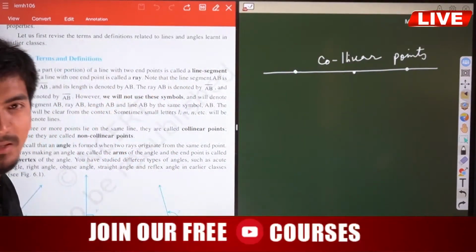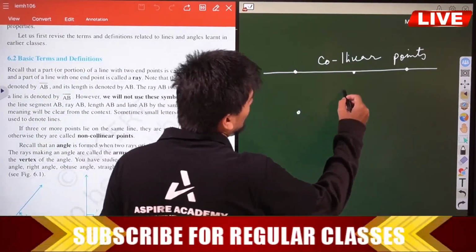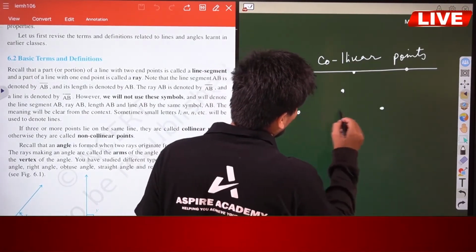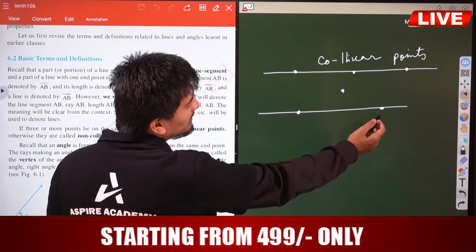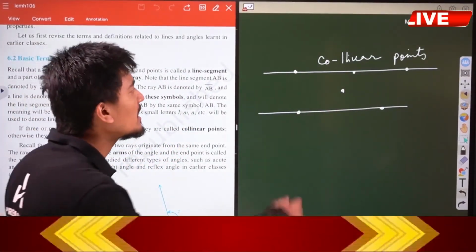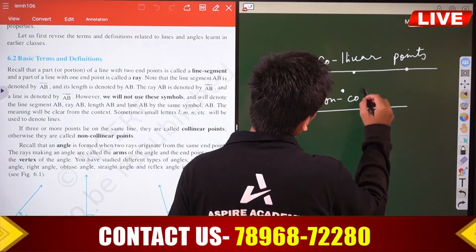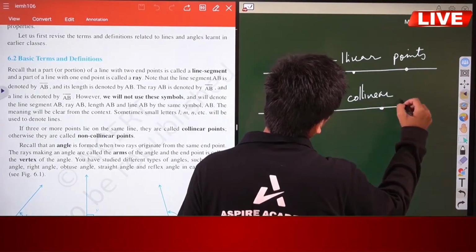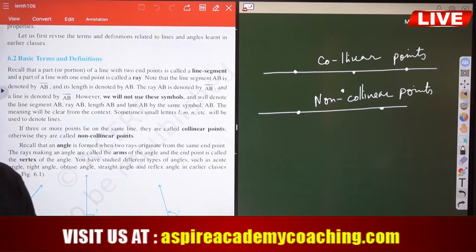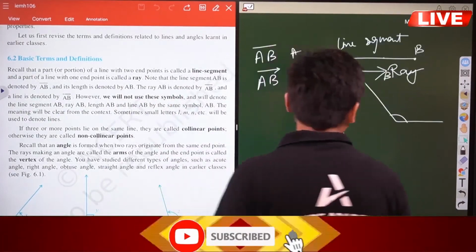But if they don't lie on the same line, suppose one lies here and another lies here, so these 2 points lie on the line but this point doesn't lie on the line, then I will call these points non-collinear points.